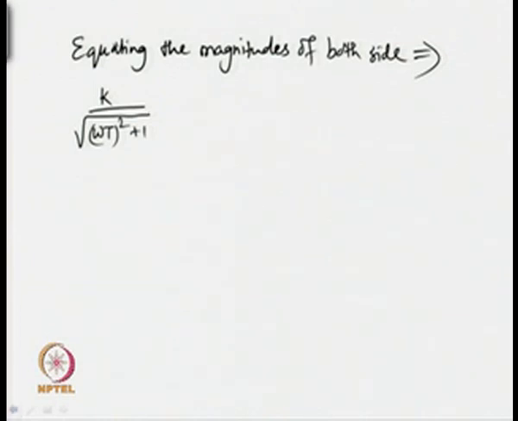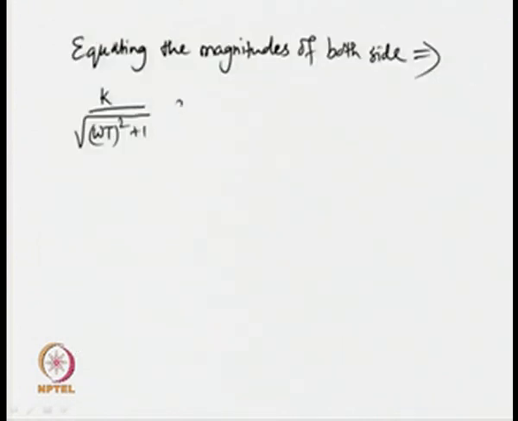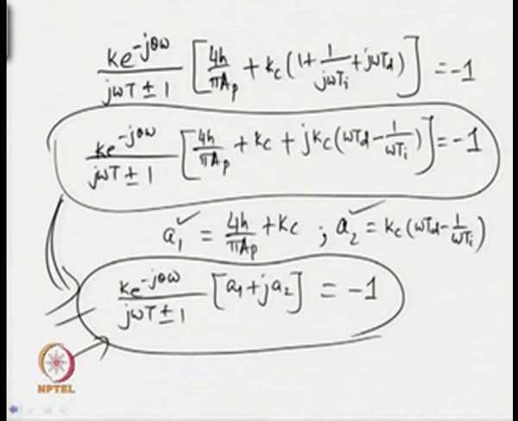The magnitude of the complex number A1 plus jA2 will be the square root of A1 squared plus A2 squared, which is equal to 1. Okay. So, this is what you get from equating the magnitudes of both sides of this expression.